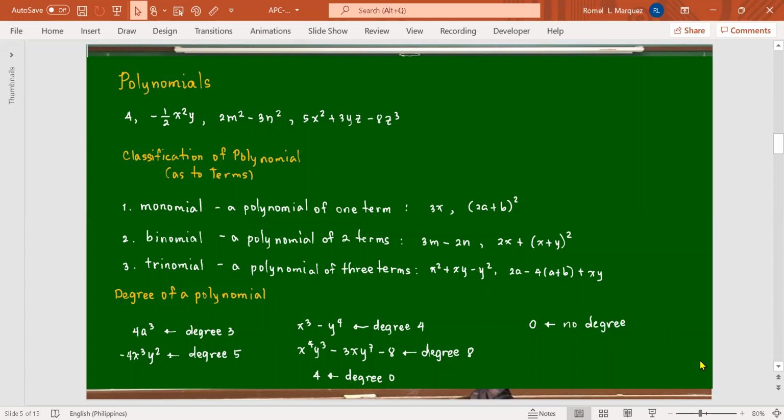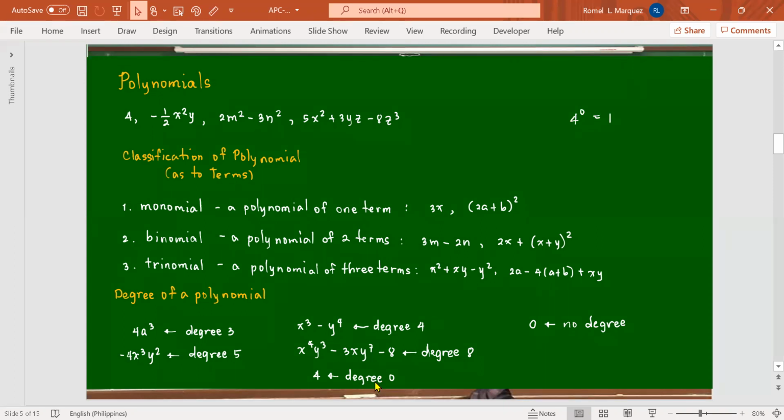Okay, children? Sir, yung 4 raised to 0, hindi po ba equal to 1 po yun? Alin? Which one? Yung 4 degree 0 po. Hindi po ba pag 4 raised to 0, 1 po siya? Ang 4 raised to 0, 1 siya.